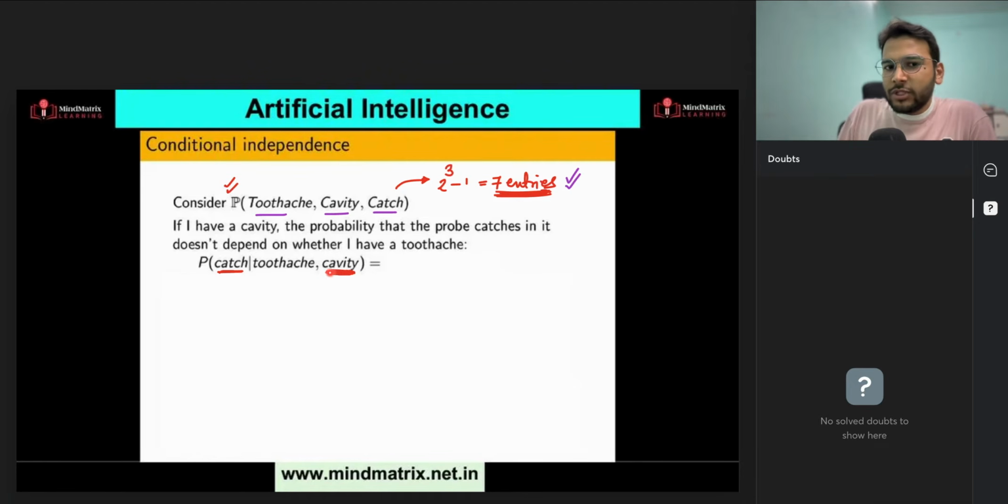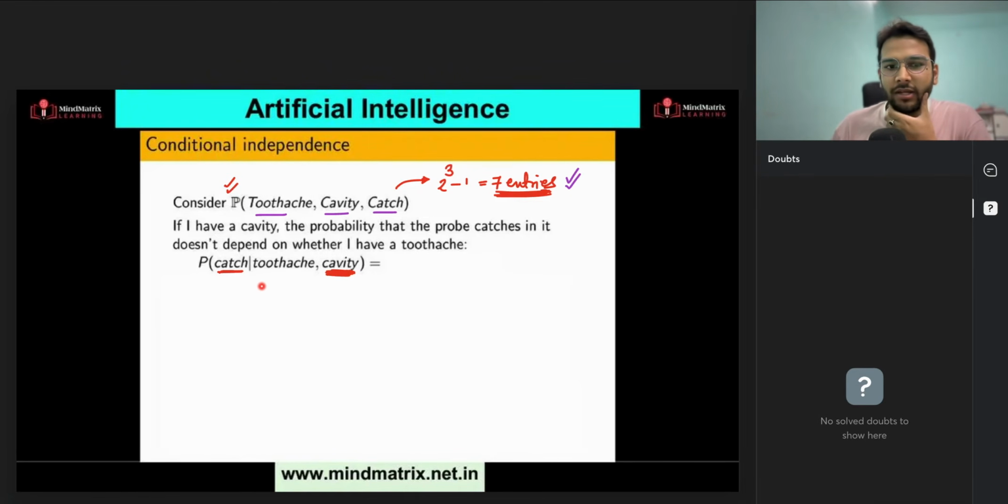But don't you think once you have cavity, then having this toothache is irrelevant? Think about it. Once you know that you have cavity, it is given to you that you have cavity, catching the microbe does not depend on this toothache. Yes or no? Because if you have cavity, yes, we can eliminate it, right?